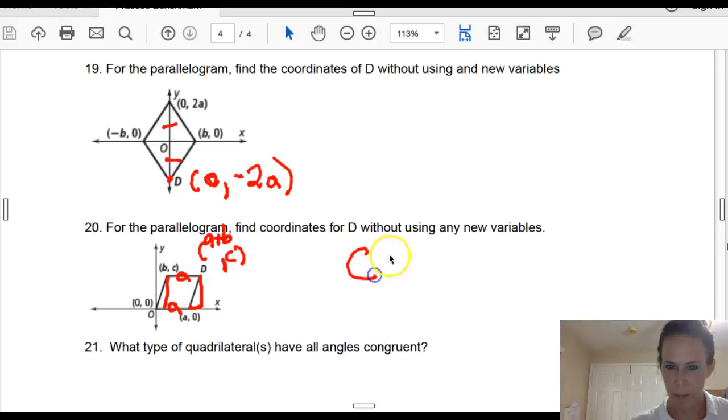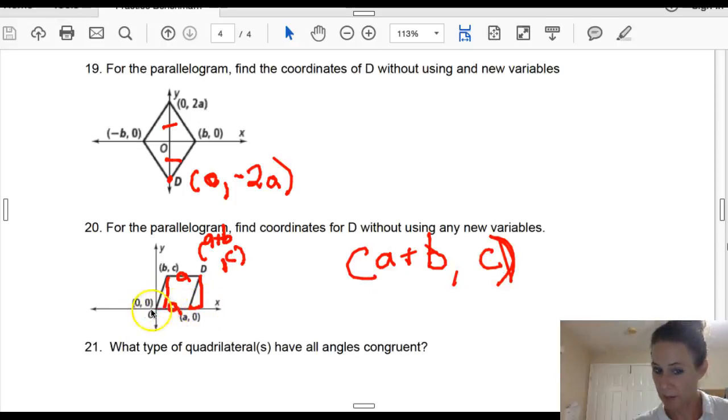So (a + b, c). I go over this b part plus the a part, that's how far I go over on the x-axis, and I go up c.